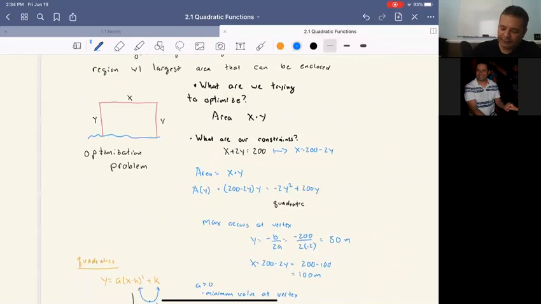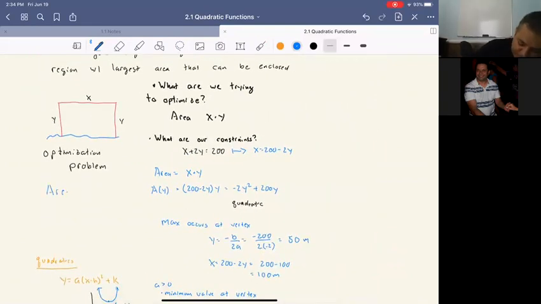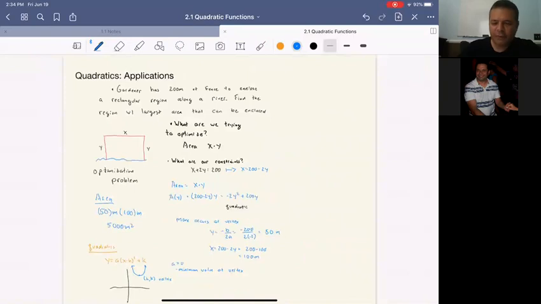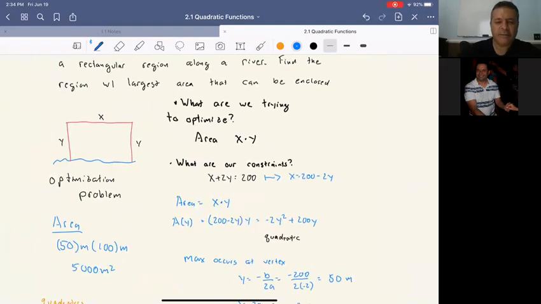So our area is actually going to be 50 meters times 100 meters, which is 5,000 square meters. So that's the enclosing a rectangular region along a river problem, which is probably one of the most popular problems you will see in any sort of math class that you get. All right, we'll be back with one more application.